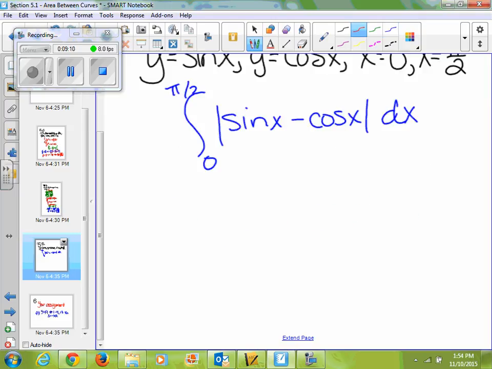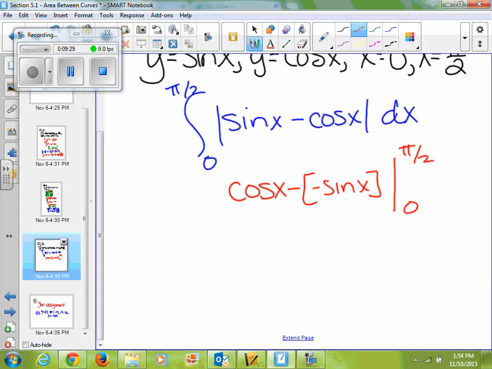What is the integral of sine of x? Cosine. Okay, so sine integrates to cosine of x. What is then cosine of x? Negative sine, I believe, of x from pi over 2 to 0.